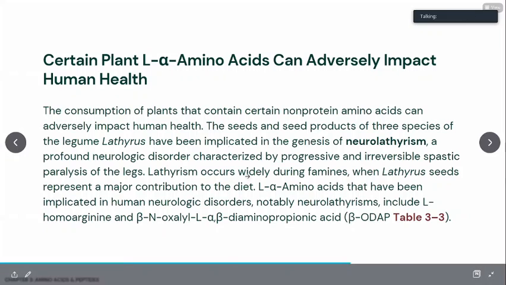Lathyrism occurs during famine when the lathyrus seeds are used as food. This brings about paralysis.